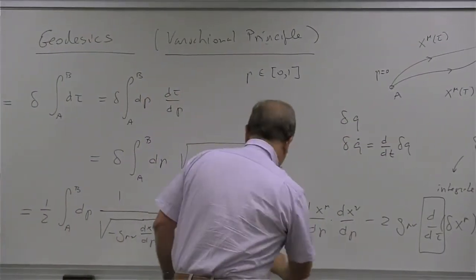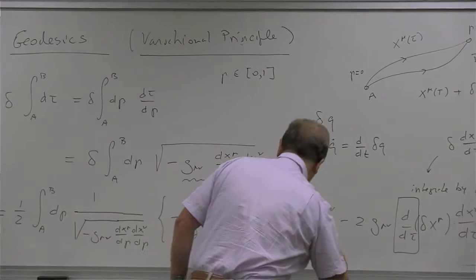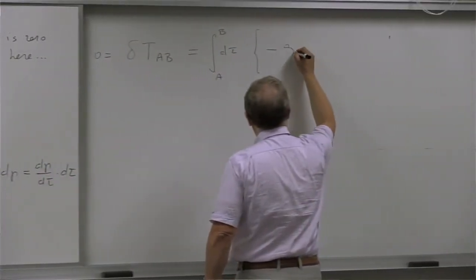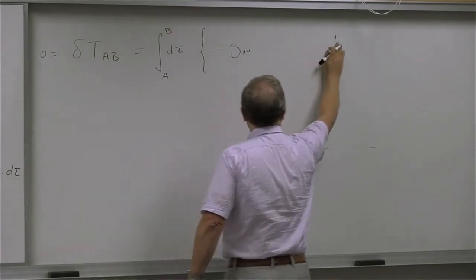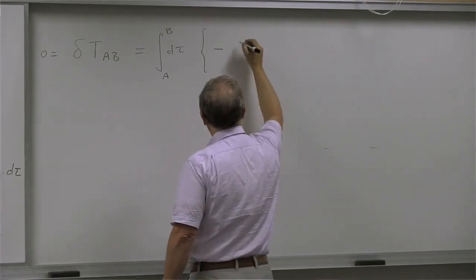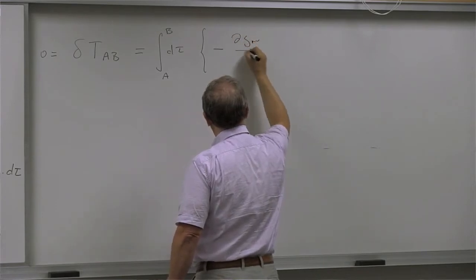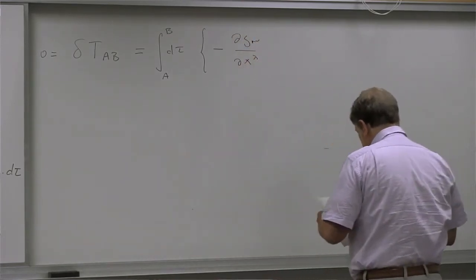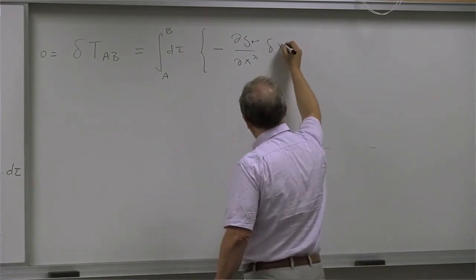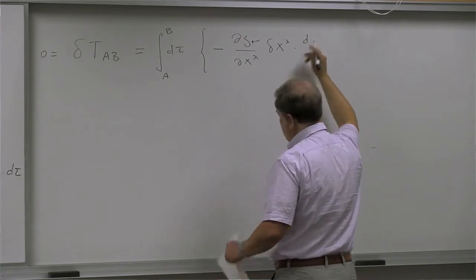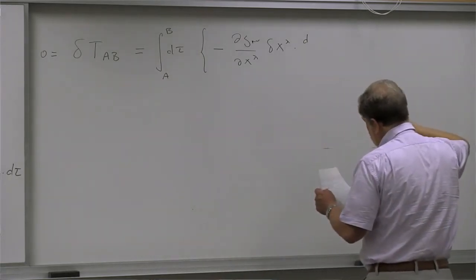So I'm just going to copy this term over, except we'll have the d tau. So minus the derivative of g mu nu by dx lambda, times the variation dx lambda, and then times dx mu by d tau and dx nu by d tau.